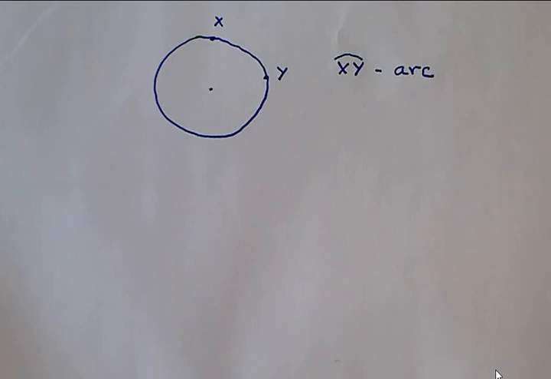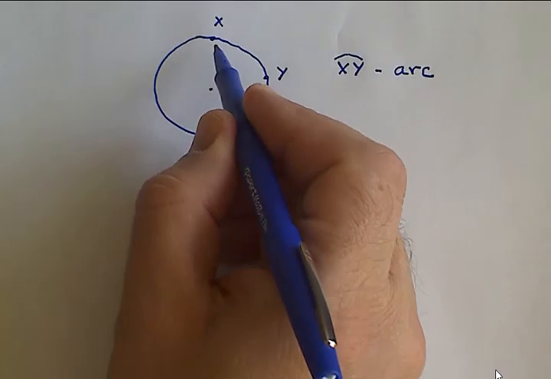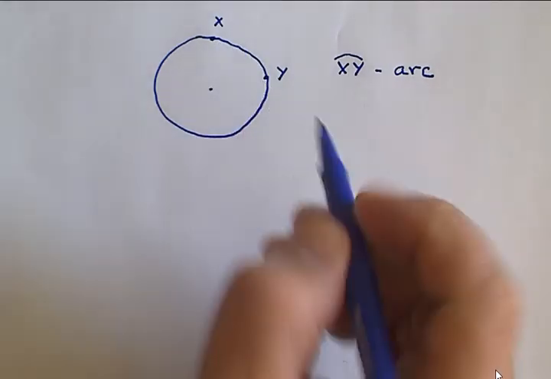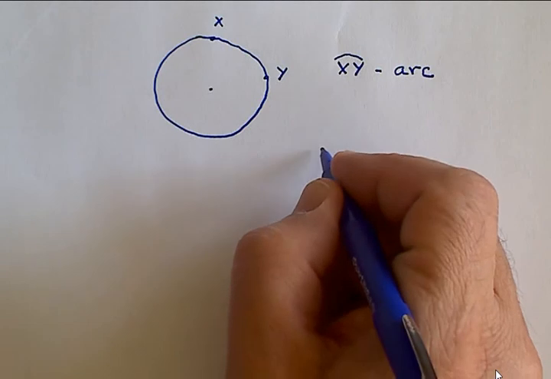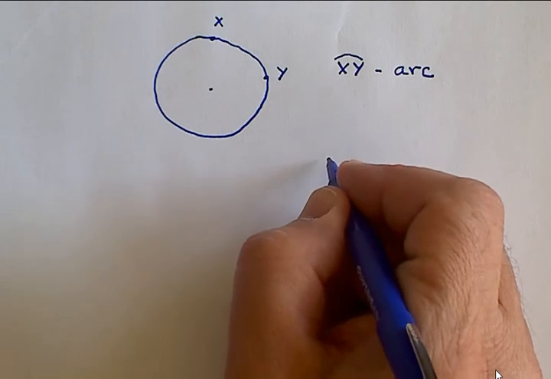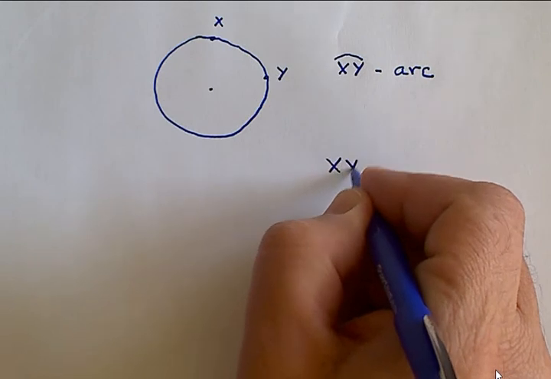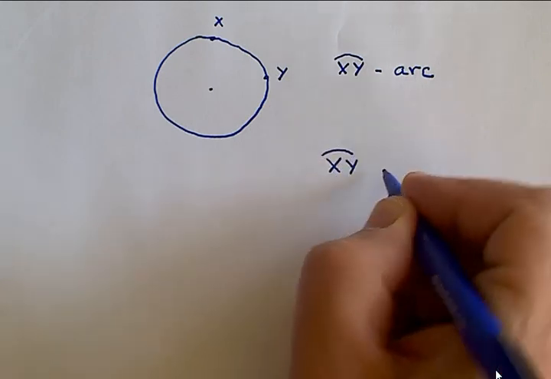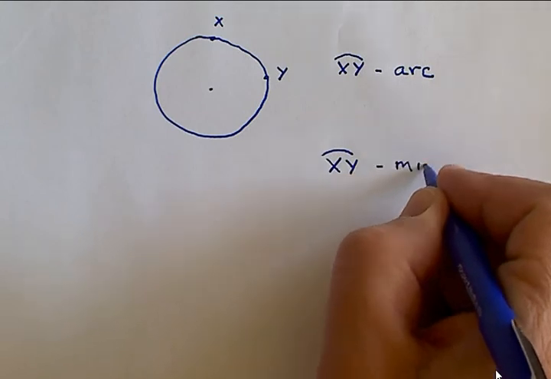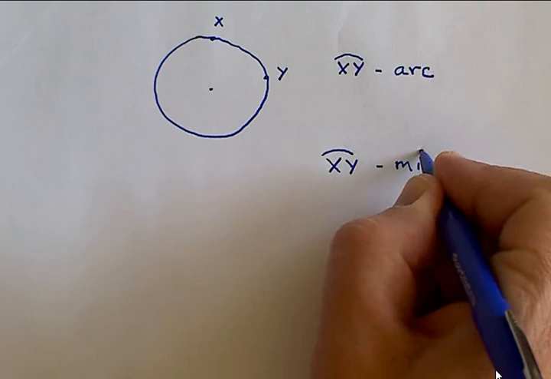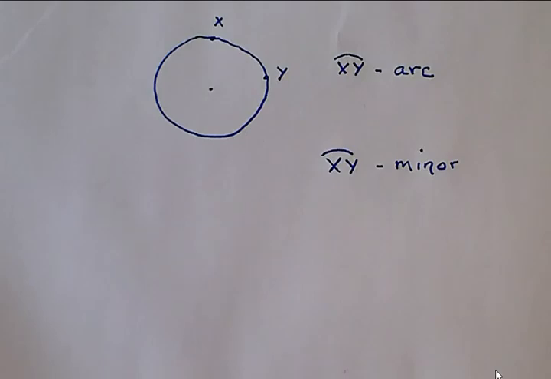So the arc XY represents the part of the circle from X to Y. When that arc is less than a semicircle, remember, a semicircle is half of a circle, then this is called a minor arc. It's important to note that when you label a minor arc, it only requires two letters, the place where it starts and the place where it stops. So from X to Y is a minor arc.